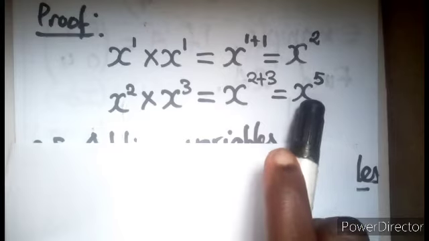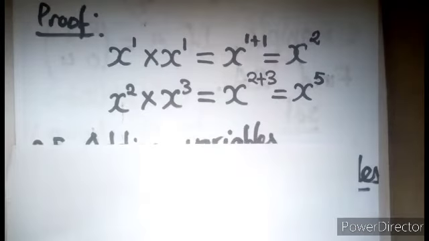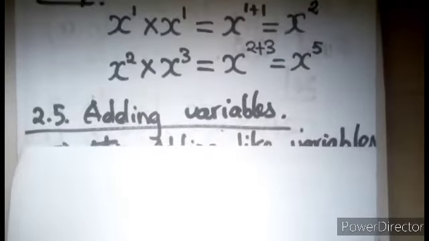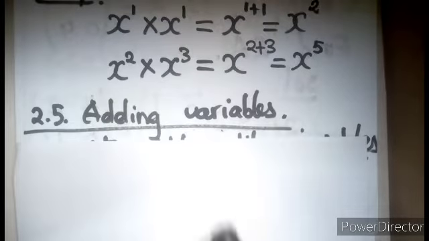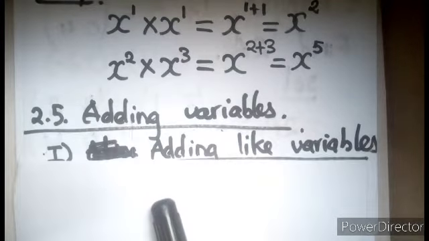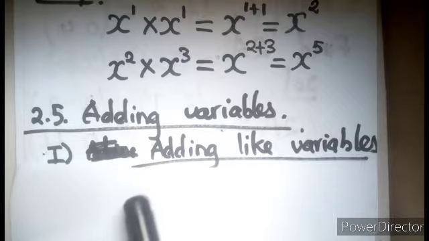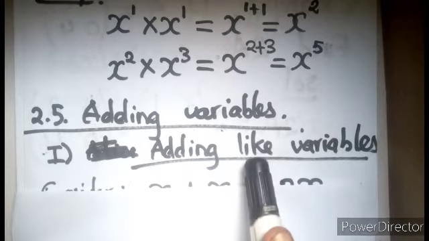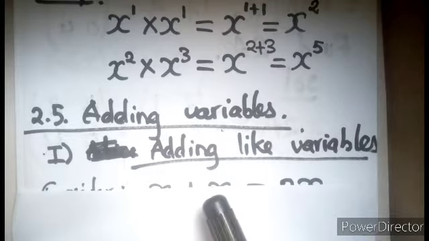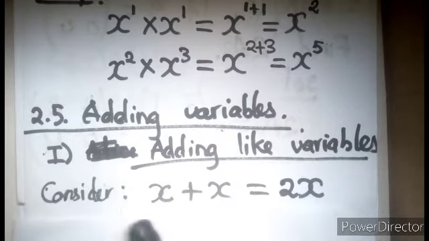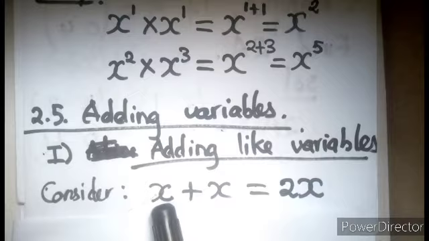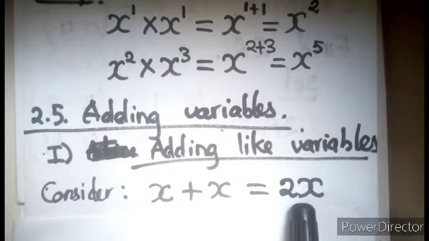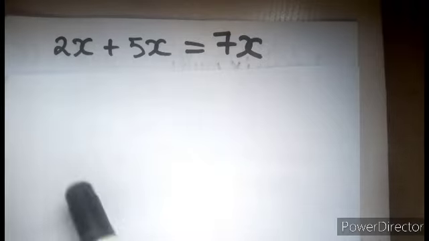5. Now we went further and talked about the addition of the variables. We considered two cases. We started by considering the cases where we are adding like variables that are the same. We started with the simple fact that x plus x is 2x, okay, and went ahead and showed that 2x plus 5x is 7x.